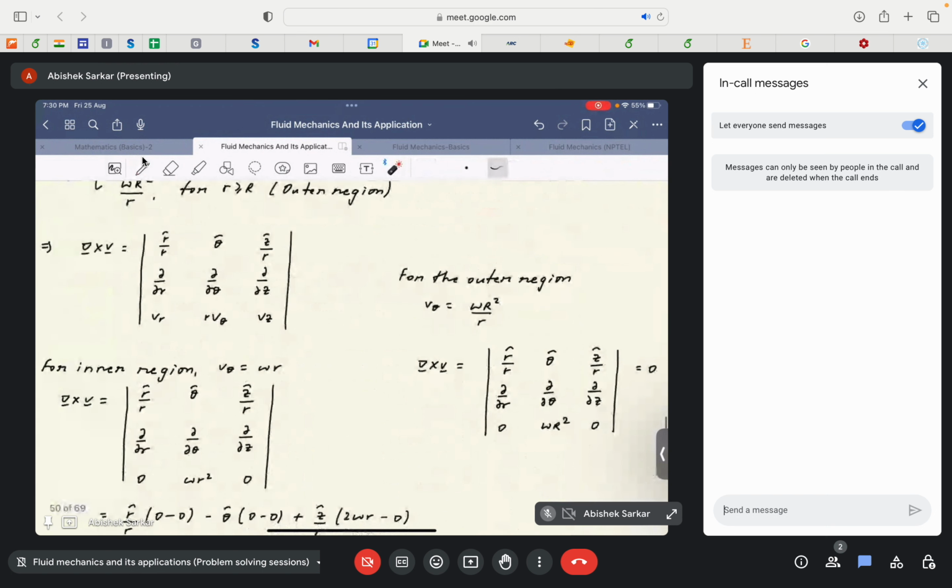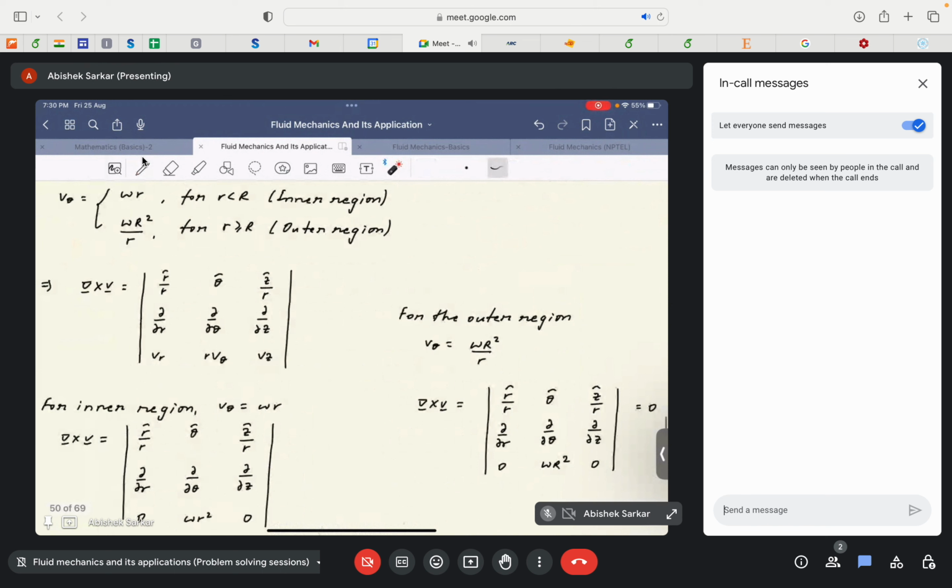So it is del cross V. This is the special form of the determinant that arises in the cylindrical coordinate system. Given that a tornado may be ideally modeled using a cylindrical coordinate system, as my own choice I have chosen the cylindrical coordinate system.